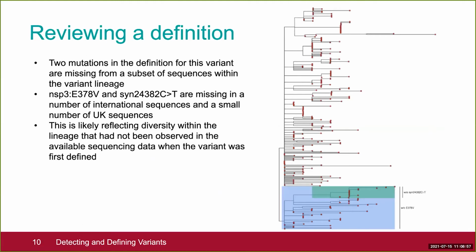So the next thing that we have to do is make sure that we review the definition. So we need to make sure that as the data increases, we're still capturing things effectively. And this is particularly important when we define a variant early on. So if we only have a handful of cases, we may be sampling a small section of a very wide pool.